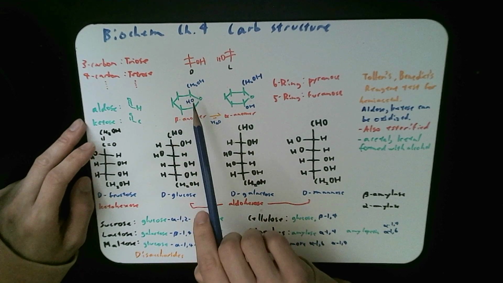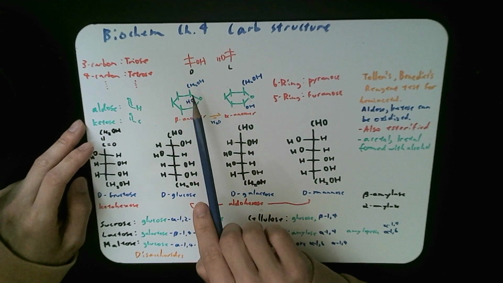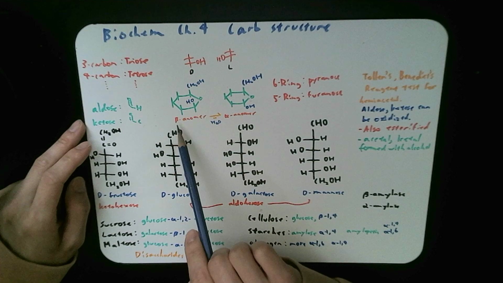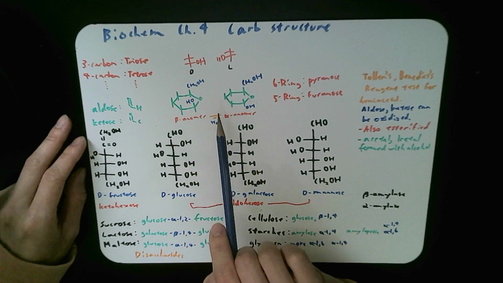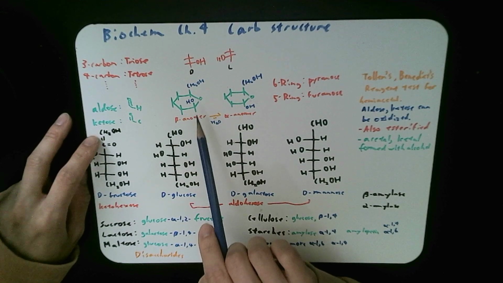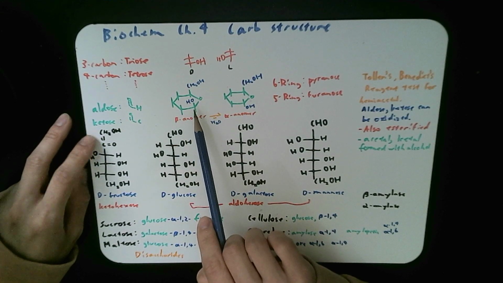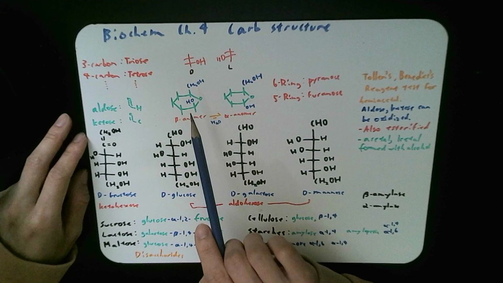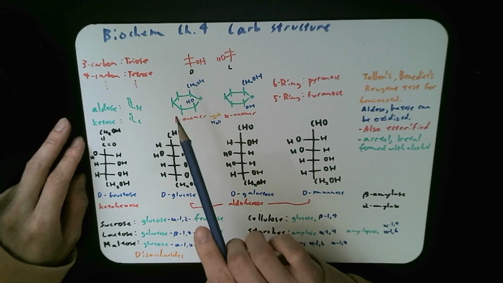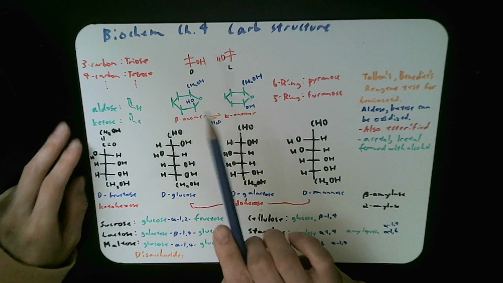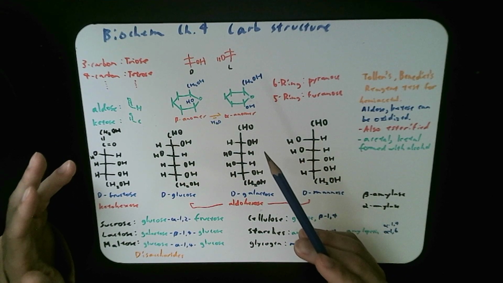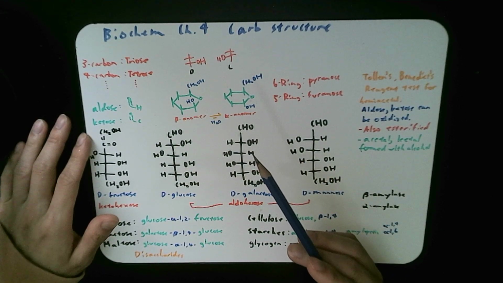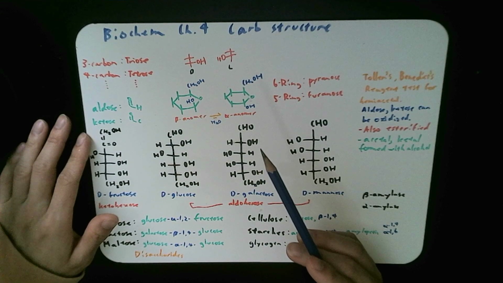If they're both going in the same direction, then it will be the beta anomer. Anomer means a specific epimer, which is happening on the last carbon over here. An epimer is basically when you have two carbons that are just different.